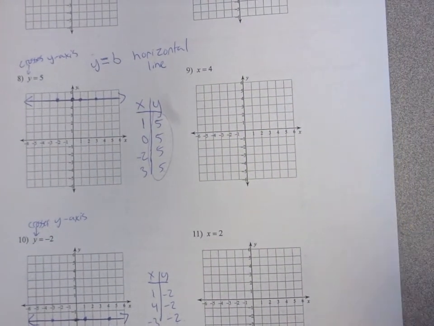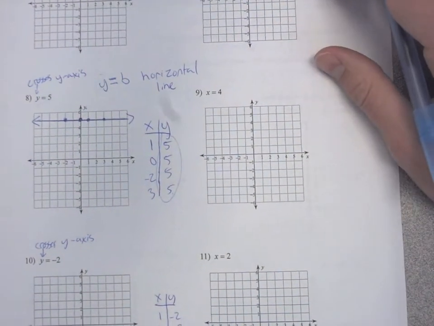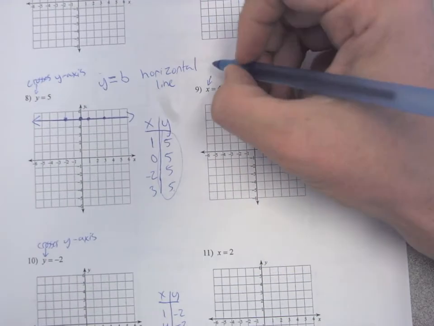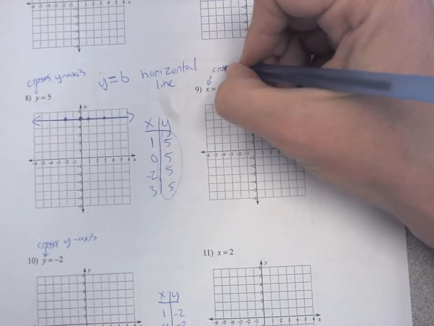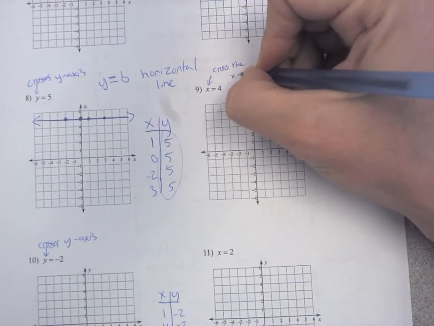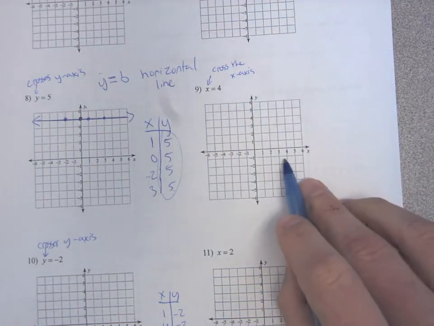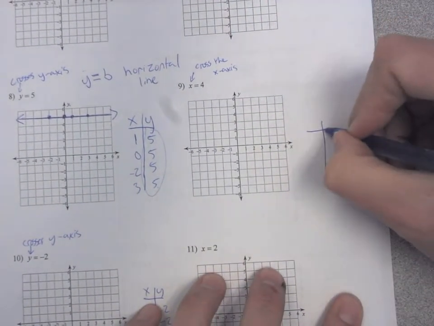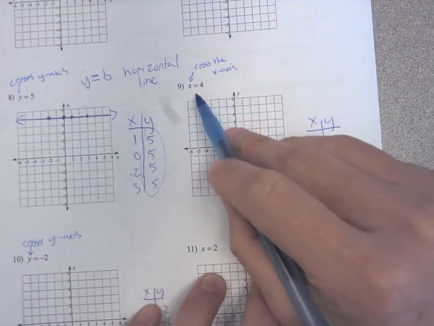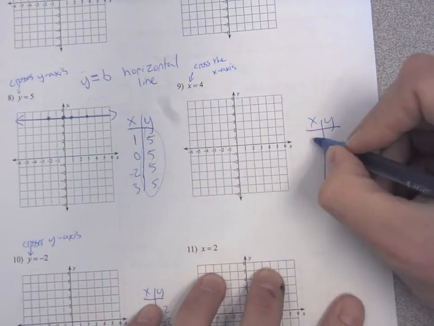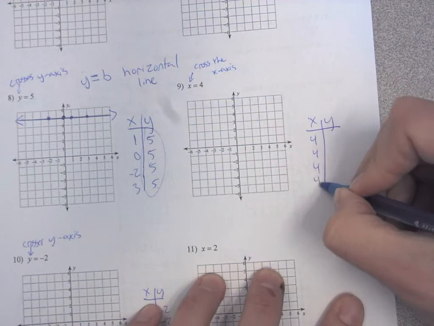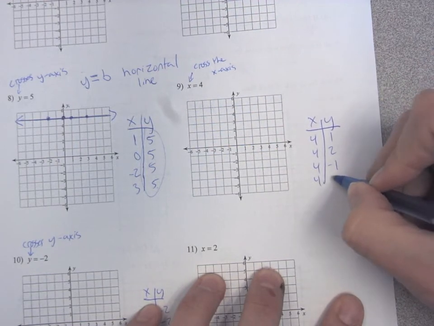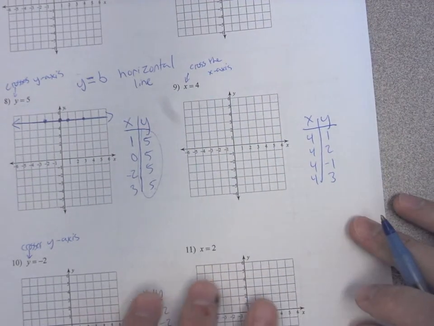Okay. Now for the x ones, it's kind of the opposite idea. So when you look at the variable and it's just x equals a number, this is going to cross the x-axis at 4. Okay. If you want to make a table, you can definitely do that. Okay, we got x and y. X is always equal to 4 no matter what. So every x coordinate is always going to be 4, and then I can just pick some random coordinates for y.